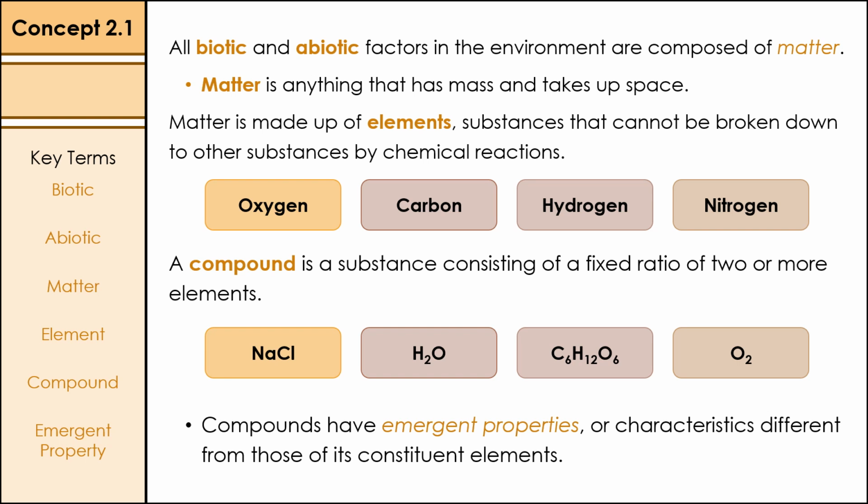So the elements that we are going to be looking at in this class are just a few out of all of those available on the periodic table, because these are the elements that are involved in all of our biological molecules, our major structures that make us living organisms. So we are going to focus on these key elements: oxygen, carbon, hydrogen, and nitrogen.